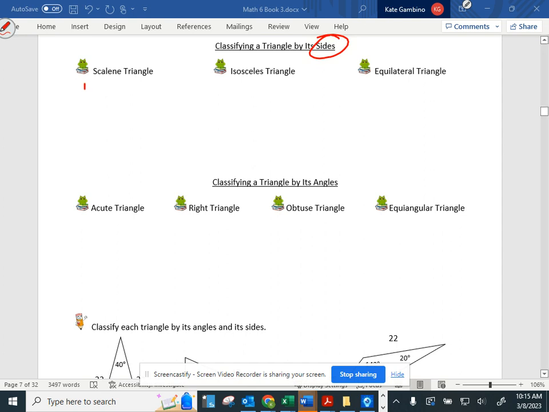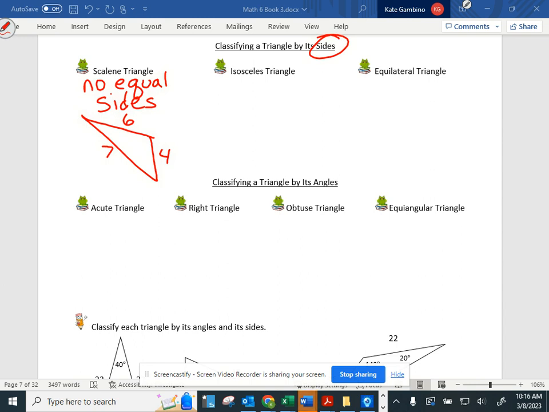A scalene triangle has no equal sides. An example of this might look like that. We might say this is a 4, this is a 6, and this is a 7. None of their side lengths are equal. No congruent sides. Remember, congruent means equal.